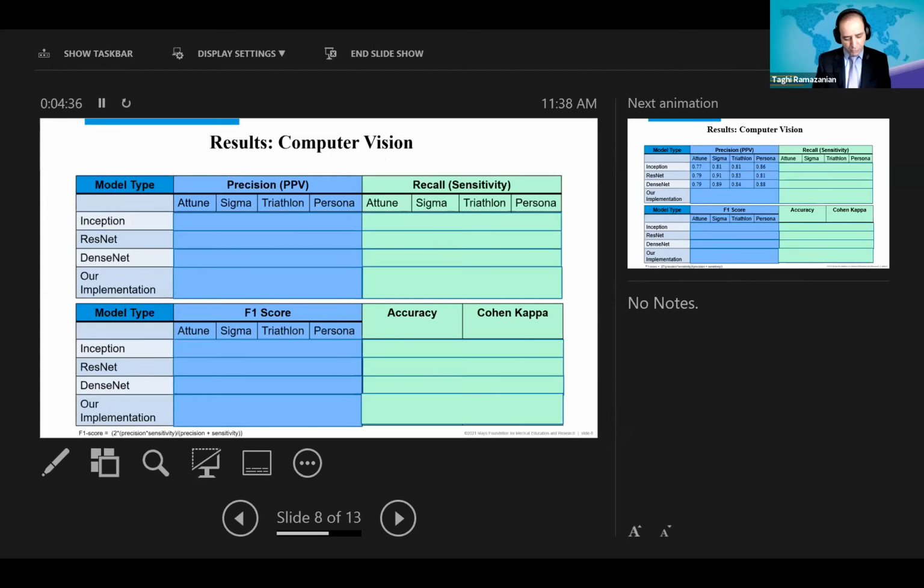Here is the performance of our computer vision model in comparison to other commonly used deep learning image recognition models like Inception, ResNet, DenseNet, etc. As you can see, while precision or positive predictive value for other models was between 77 and 91%, our model had a precision of 96 to 98%.